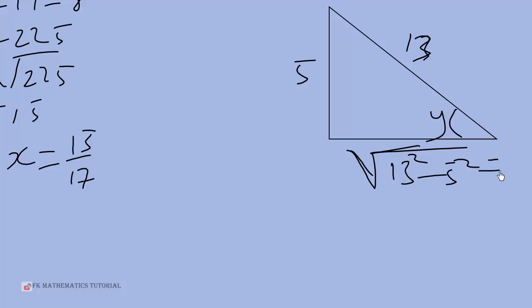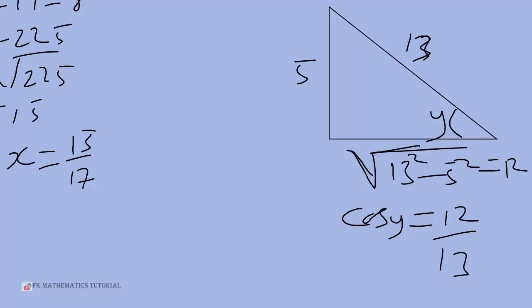So we can also find cos y. We know sin y, so we can find cos y. Cos y will be adjacent over hypotenuse, which is 12 over 13.